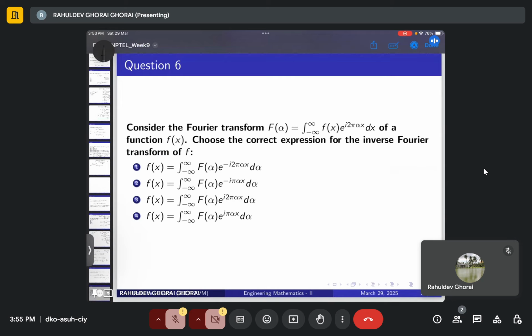Consider that the Fourier transformation F(alpha) is equal to the integral from minus infinity to infinity of f(x) e to the power i 2 pi alpha x dx of a transformation f(x). Then what will be the Fourier inverse transformation of f?